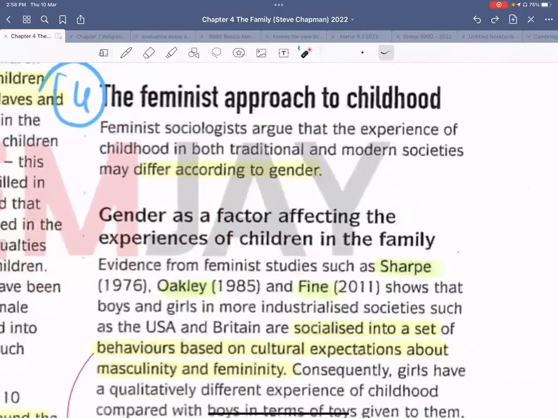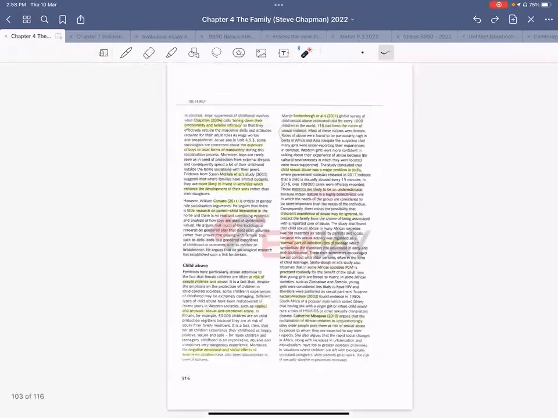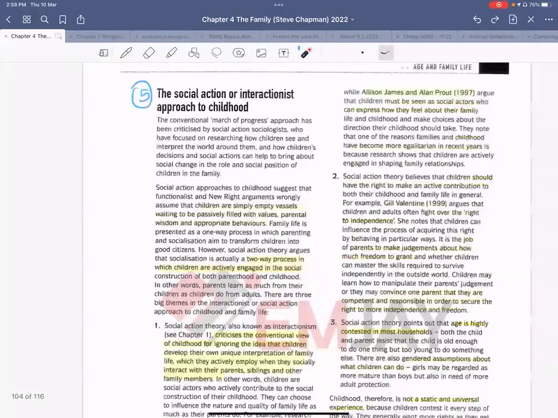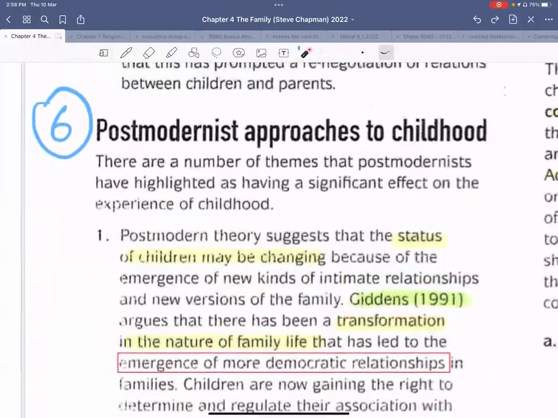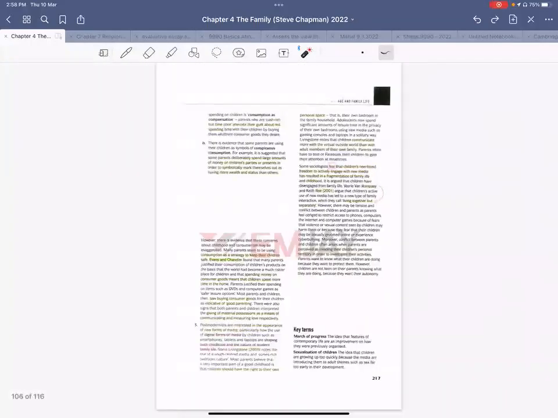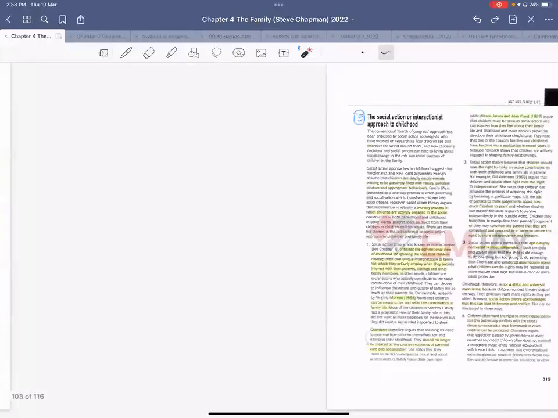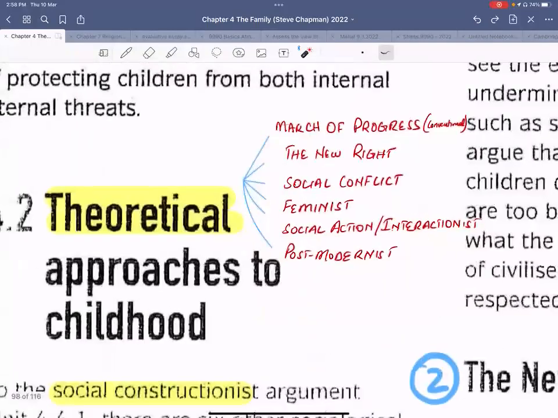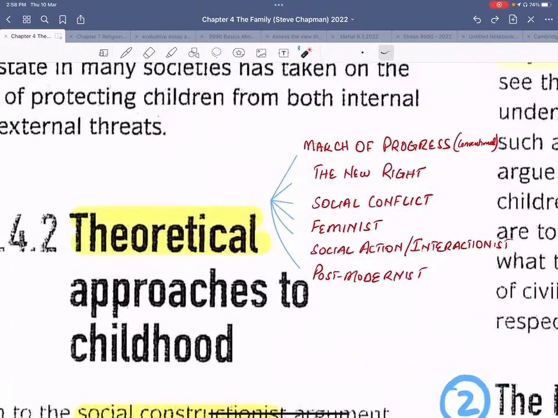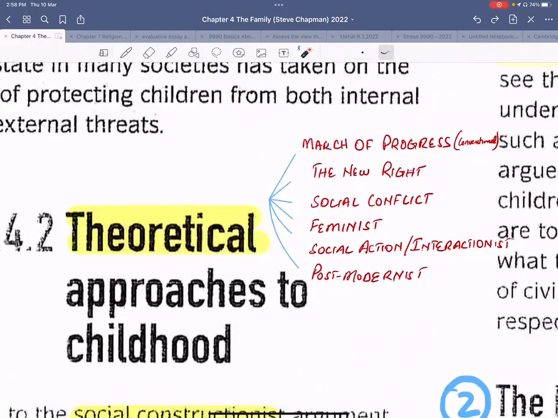Here comes your 4. Okay. 5 and 6. Right? These are the 6 approaches, and this is where this particular unit ends. Let me take you back. We are talking about these 6 approaches. Are we good here? Okay, now.